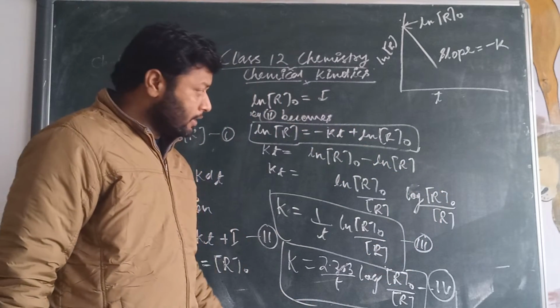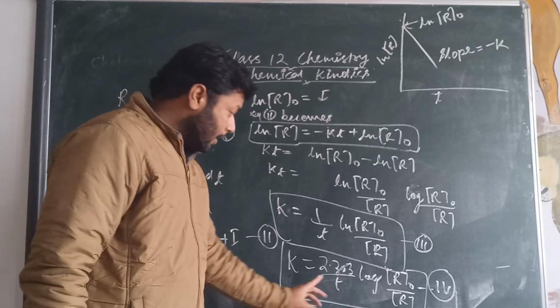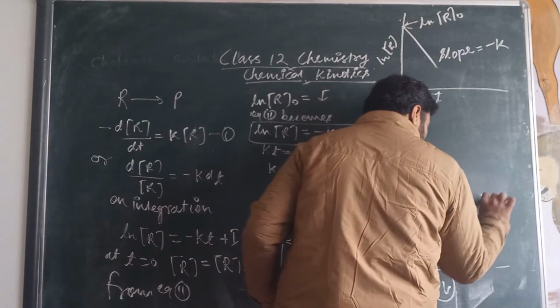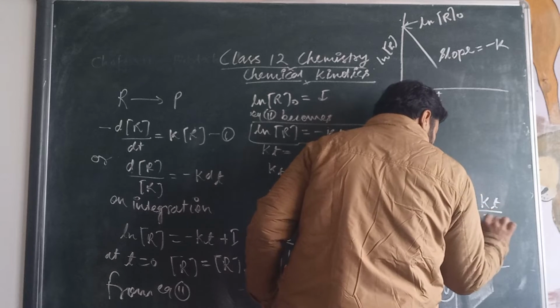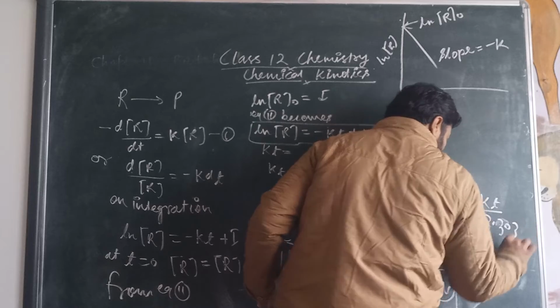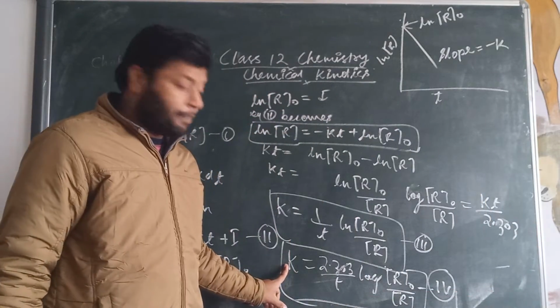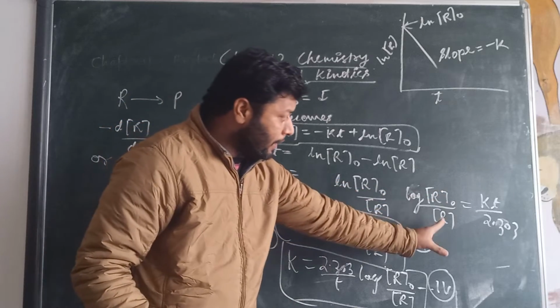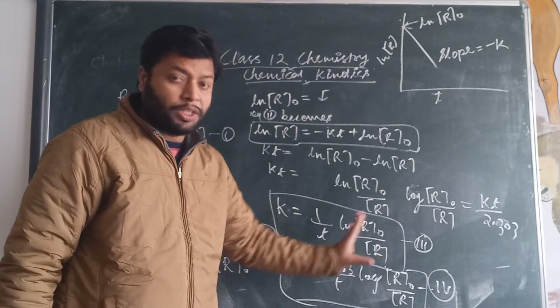Log R naught upon R, and then this will be equal to kt upon 2.303. So log R naught upon R equals kt upon 2.303.